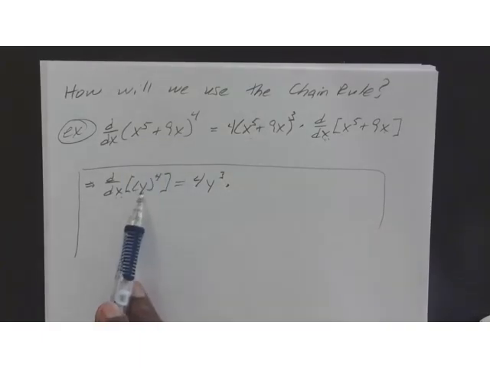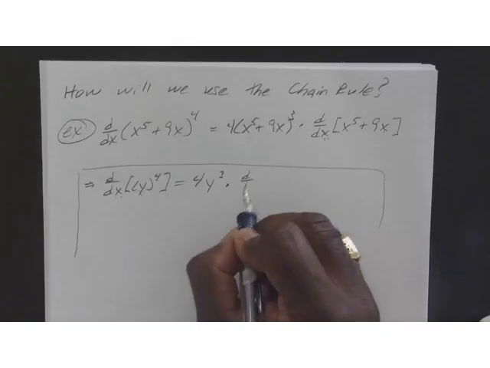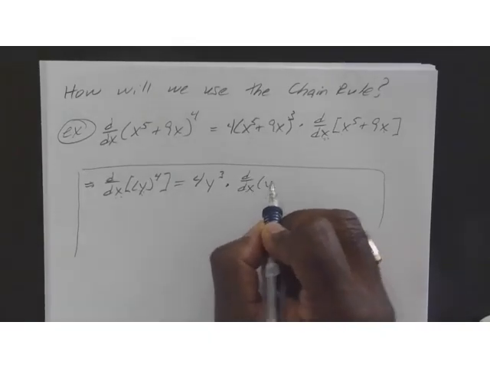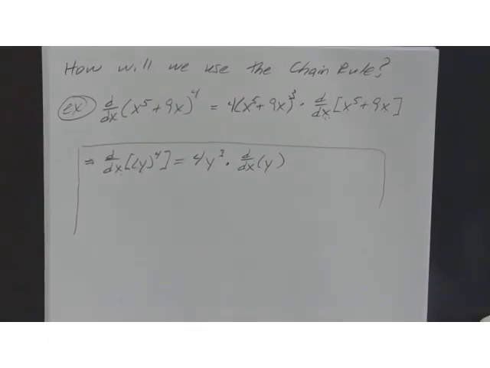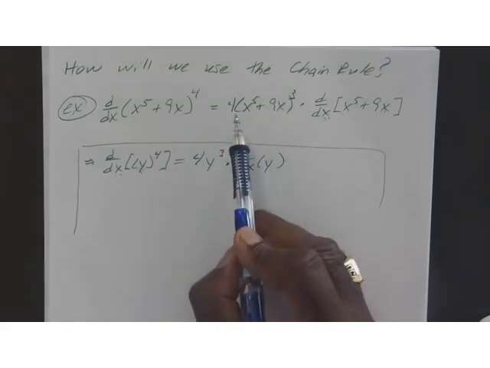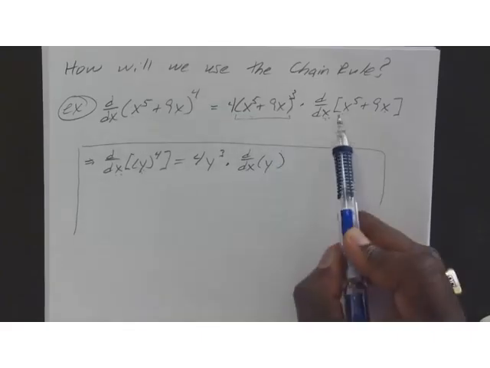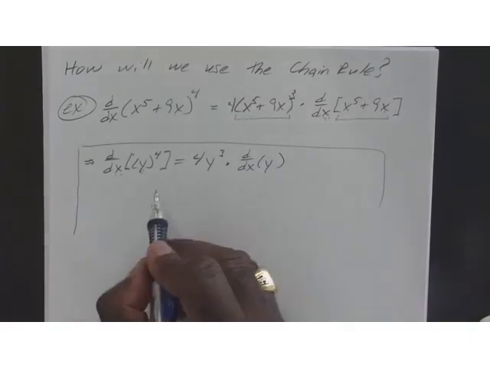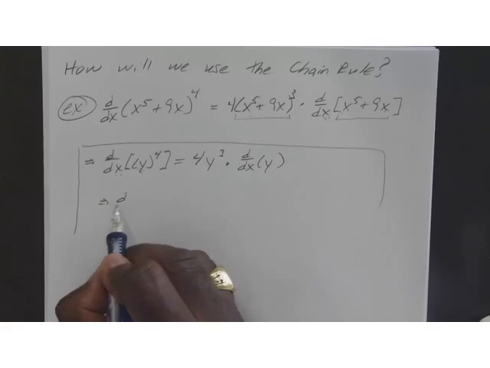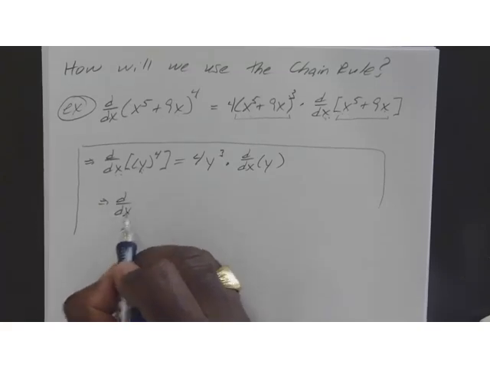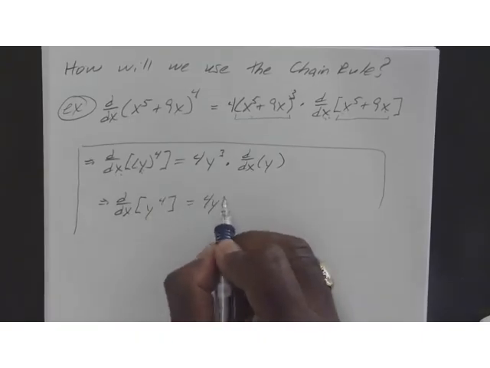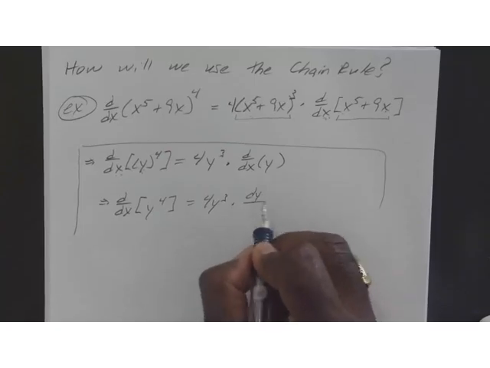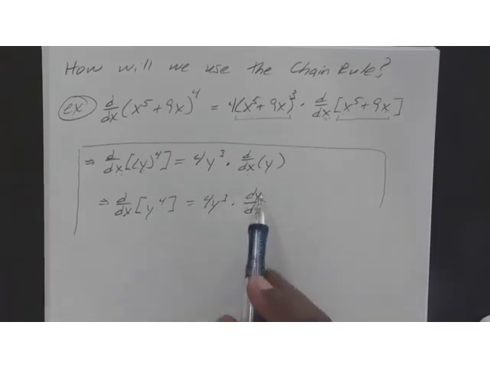So we take the derivative of what's inside of there, which is the derivative with respect to x of y. So it's the exact same process. The only difference is we're replacing this function of x with y. So we know our derivative with respect to x of y to the fourth power is just 4y to the third power times dy dx. All we did was rewrite that one.